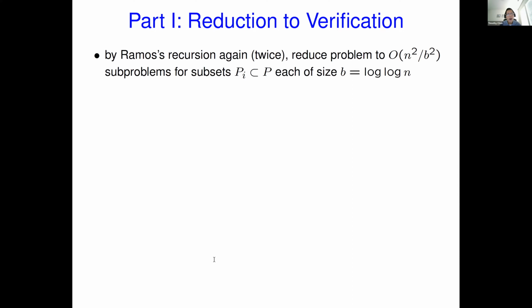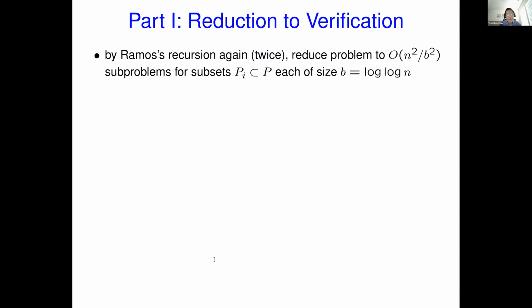The very first step is we're going to apply Ramos's recursion again, this time twice. That will allow us to reduce our problem to n squared over b squared subproblems of size b, where b is log n.